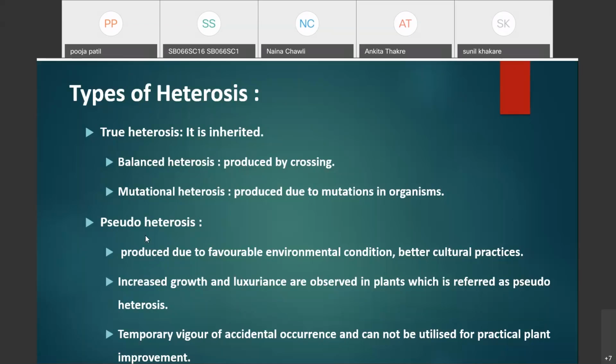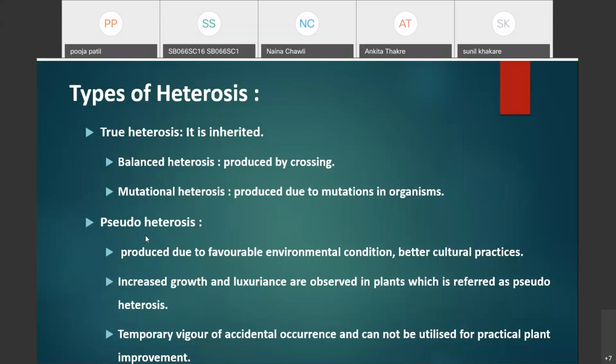Pseudo heterosis is produced due to favorable environmental conditions and better cultural practices, which result in increased growth and luxuriance.